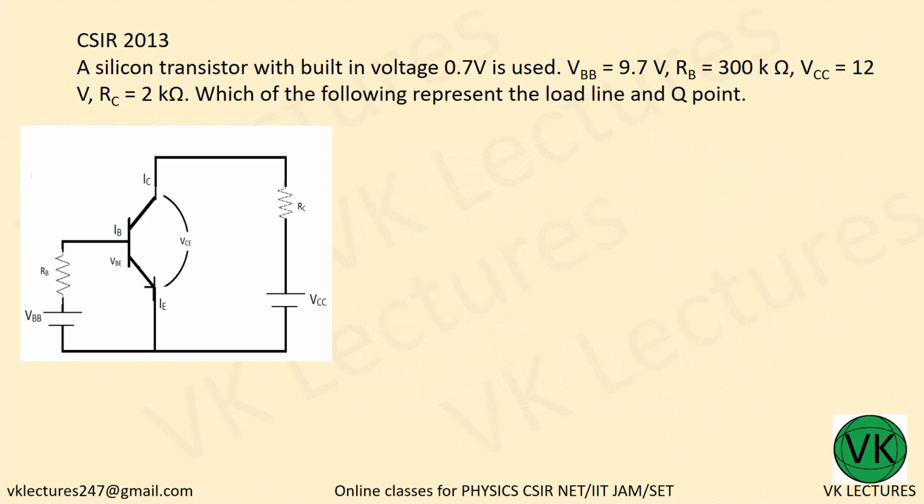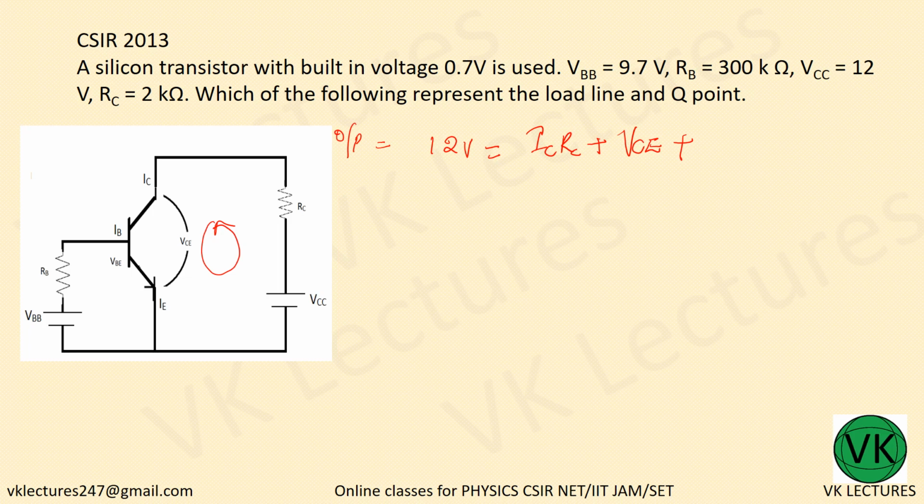Now output KVL, applying output KVL. Anywhere you can do. Let us start with output. So this is the loop that we are discussing. So this will be VCC, which is 12. So 12 volt equal to, there is a drop across RC, so IC times RC plus this is VCE, so VCE, plus no drop.